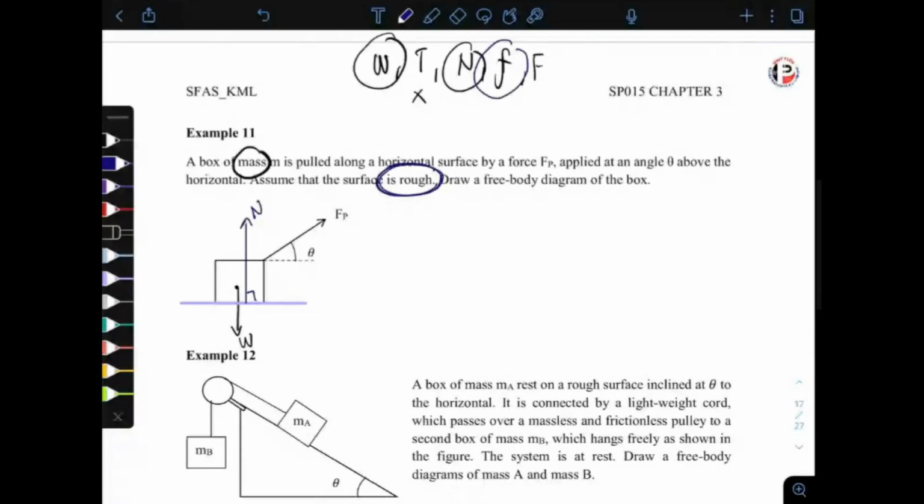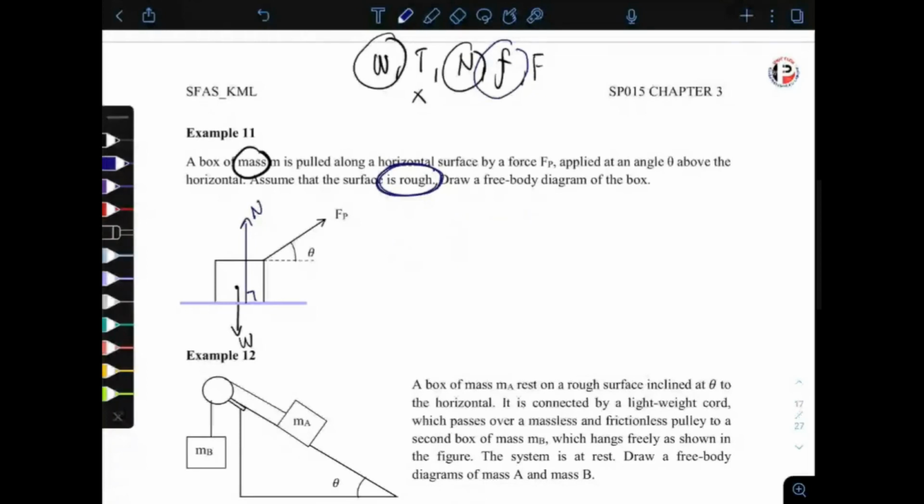Okay, sekarang dalam soalan, ada tak dia mention pasal objek kamu tengah bergerak ke kiri, ke kanan, ke atas atau ke bawah? Tiada. Dia tak mention kan? Dia pun tak lukis V ke kanan ataupun V ke kiri. So dia did not indicate anything about the direction of motion here.